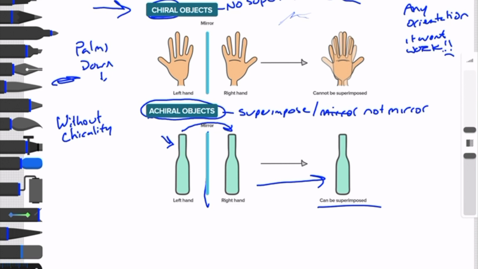Okay, so that's a little bit of a simple explanation of chiral versus achiral. We'll do a summary at the bottom, just to punch it into your heads. Chiral, hands, right? Therefore, not superimposable.